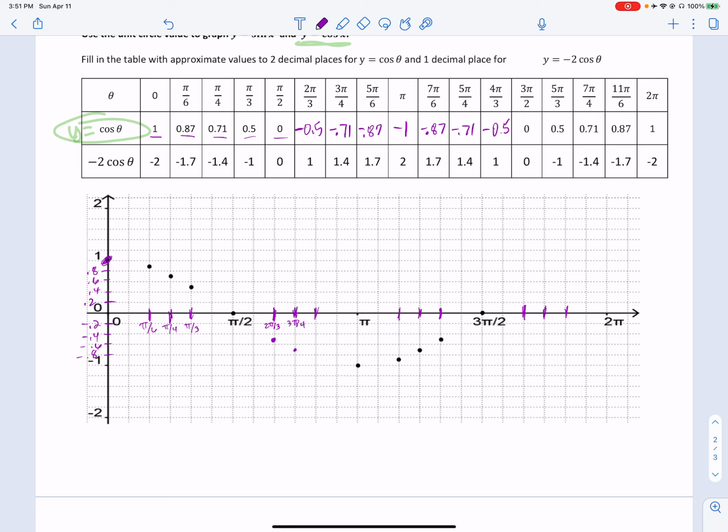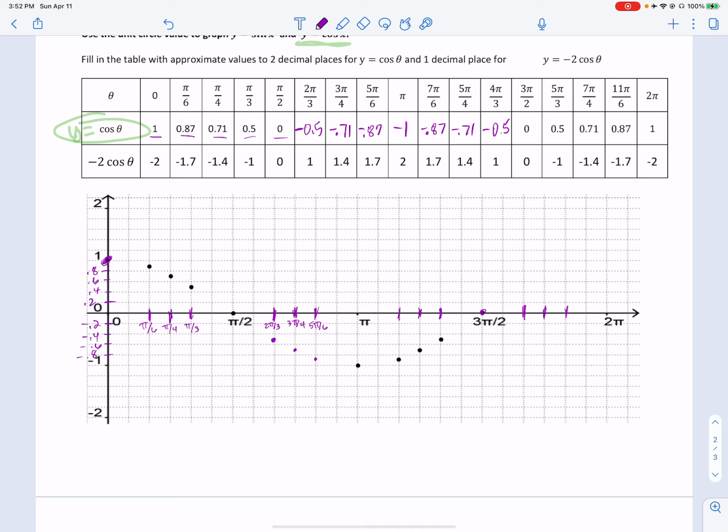And at 5 pi 6, you're going to be at negative 0.87. And then I filled in the third quadrant values of negative 0.87, negative 0.71, and negative 0.5.